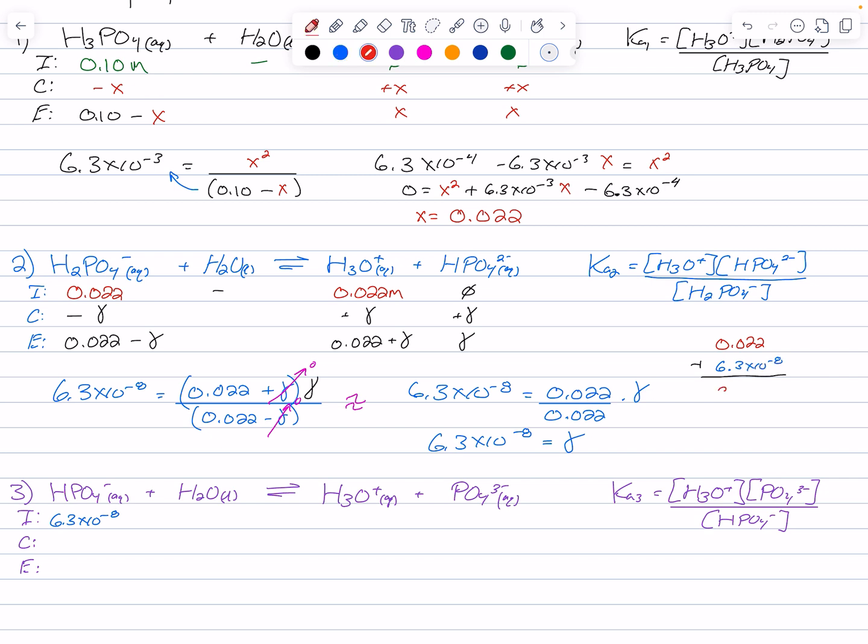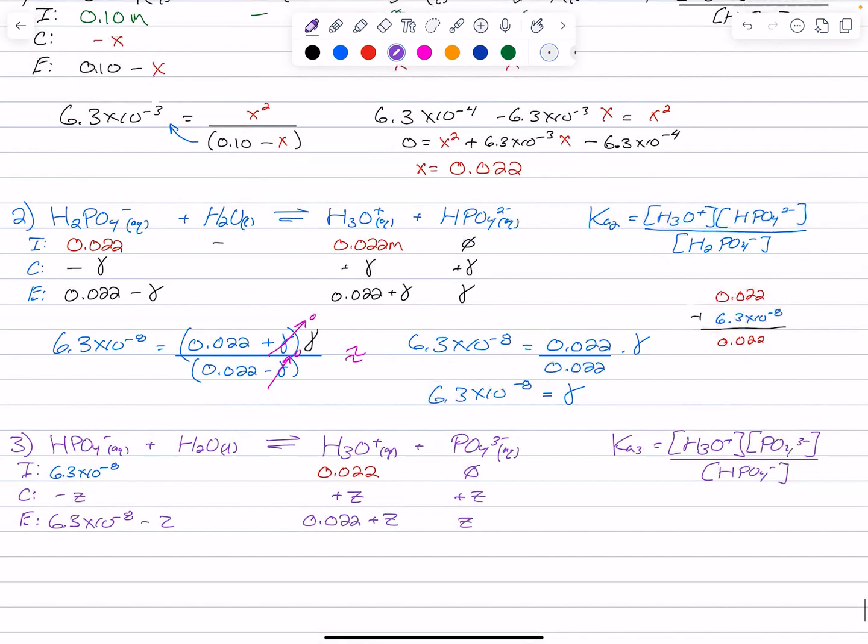I think it's 0.022, right? 1, 2, 3. You got a bunch of zeros before you get to the 6. So we're going to just keep 0.022. And then nothing. Minus z, plus z, plus z. So we have 6.3 times 10 to the minus 8 minus z, 0.022 plus z, and z.